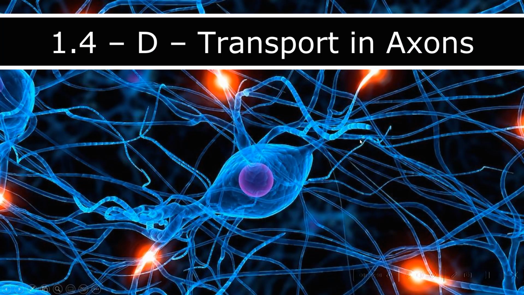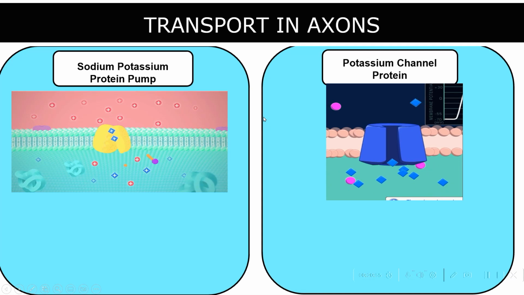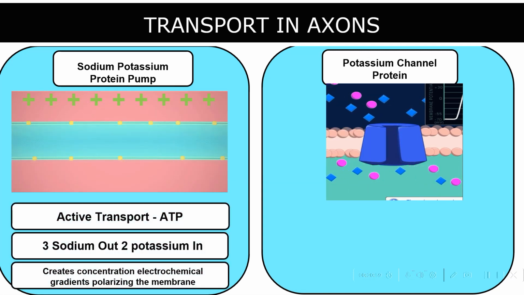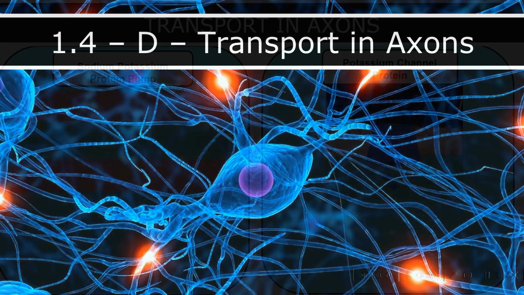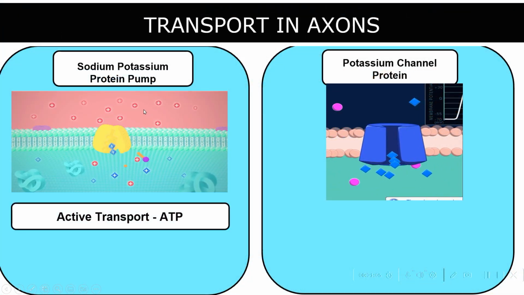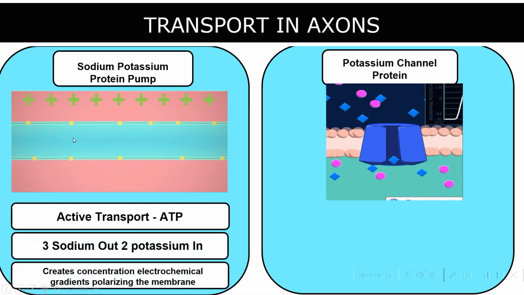We talked a lot about transport in the axons in our neuron unit, so I'll save that for that review, but let's touch on it a little bit. The sodium-potassium pump is responsible for generating that initial membrane potential.